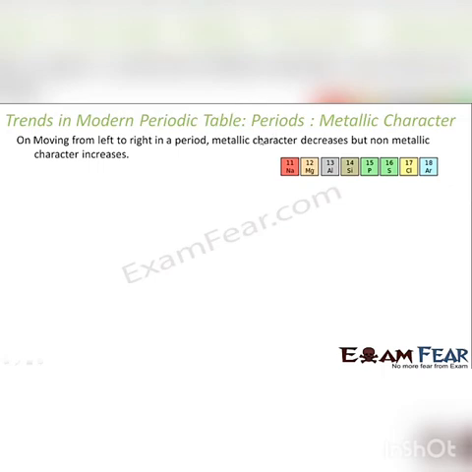If you talk about the metallic character, it decreases, but the non-metallic character increases. I'll show you why. See, metallic character is what? Tendency to lose electrons, right? So I'll say metallic is the thing what? Lose electrons.